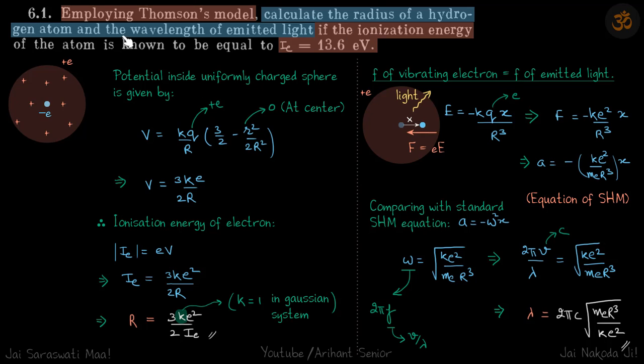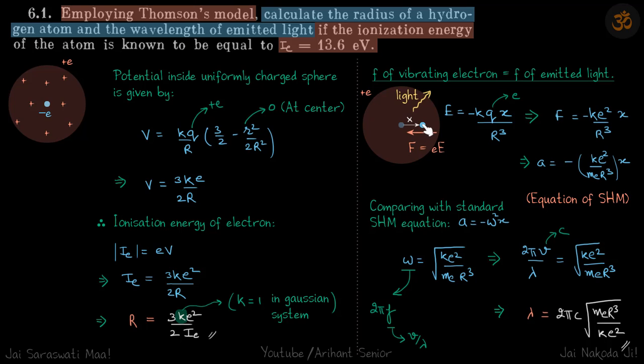Now in the second part, they are asking the wavelength of the emitted light. For this part, we must know that when this electron is slightly shifted from its mean position, it will start to vibrate. Whatever is the frequency of that vibration of this electron, that will be the frequency of emitted light.